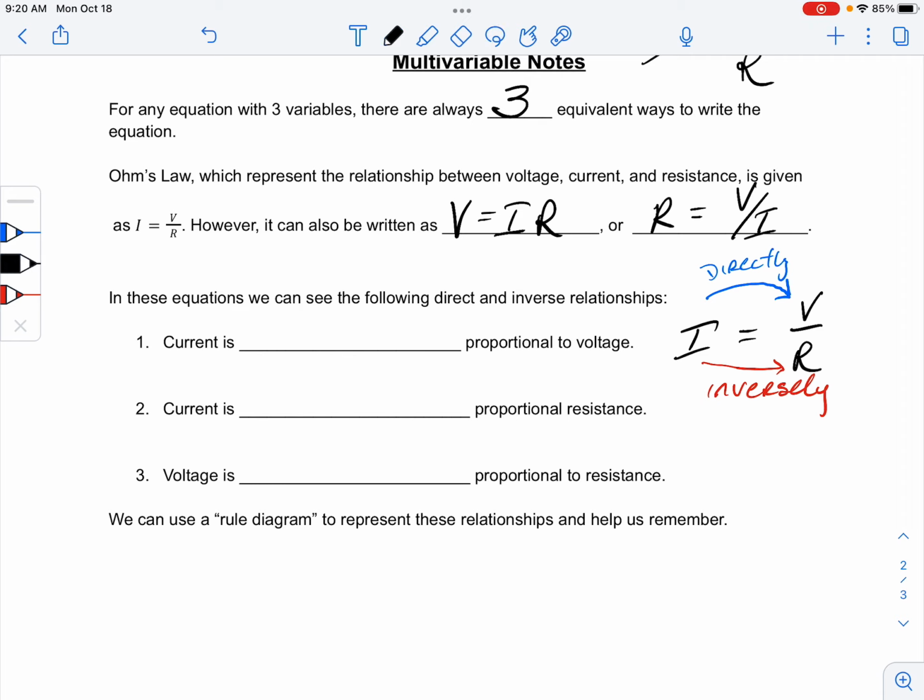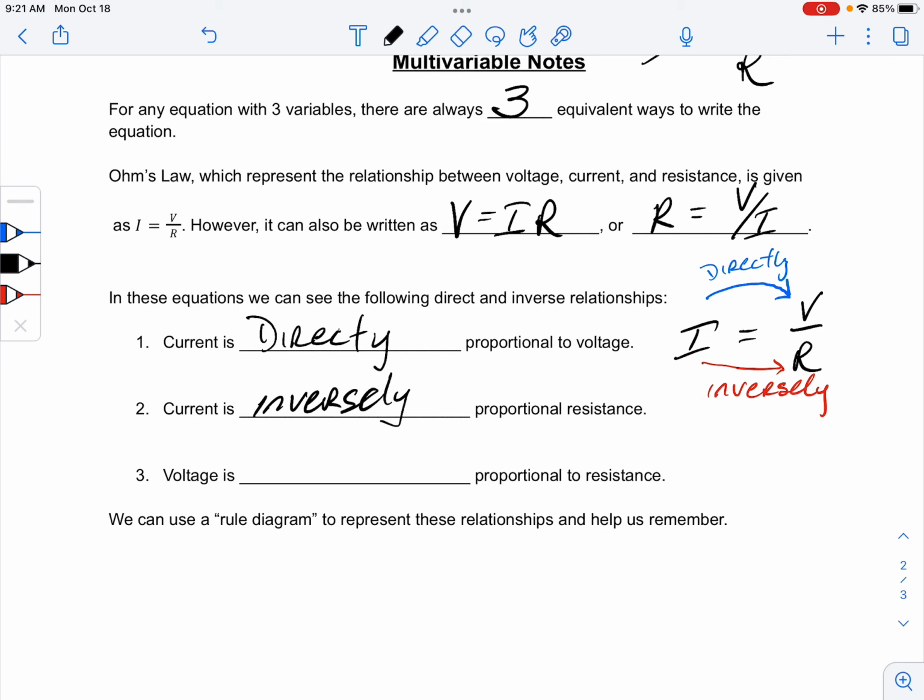So this first one that we looked at shows us current and voltage, so that's actually our first question. If we look over at our model, we can see that those are directly proportional. And current and resistance is also shown in this other model, and we said that those are inversely proportional.